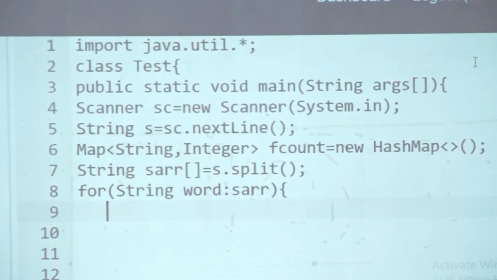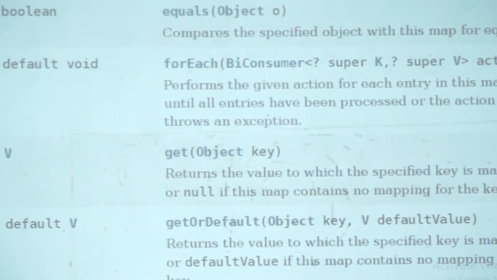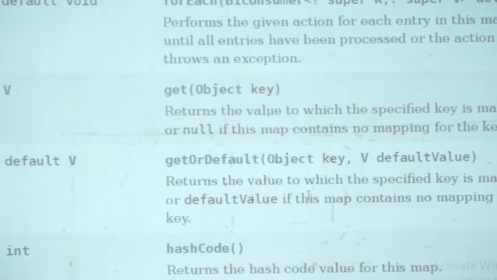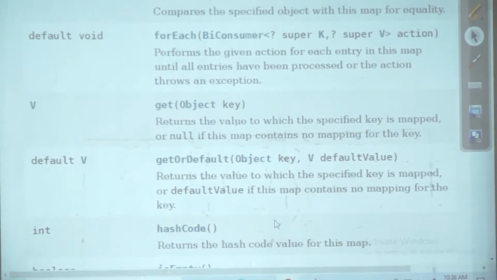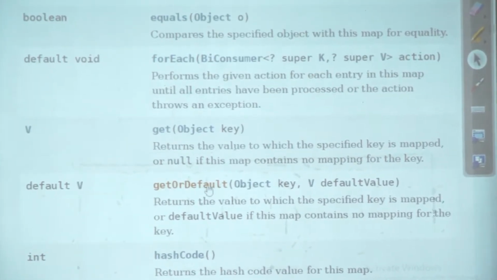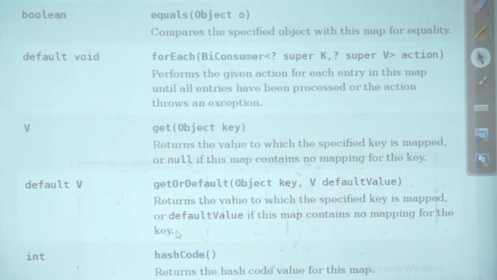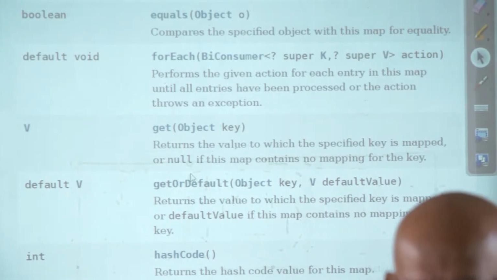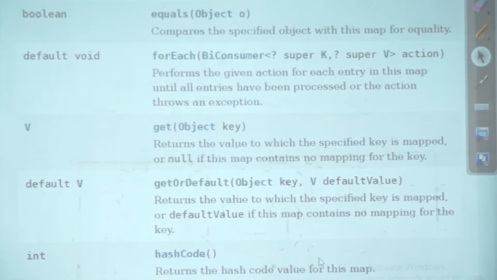Now what will we say? Okay, look at the method. We would earlier use contains and then get. Now we will say getOrDefault. If it is there, it should give us whatever value is sitting against that key. If it is not there, it should give us a 0. So the default value should be 0. Then I can add 1 and put it back. So that's a very simple code. You will see I'll write the code in 2 lines.